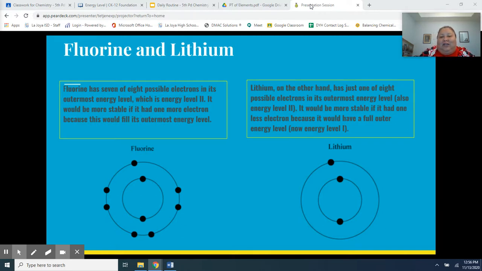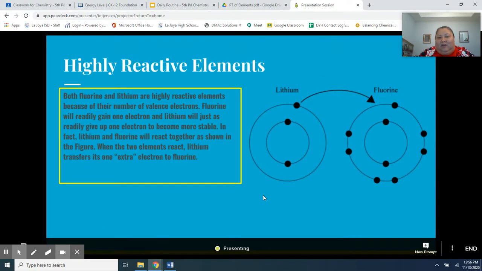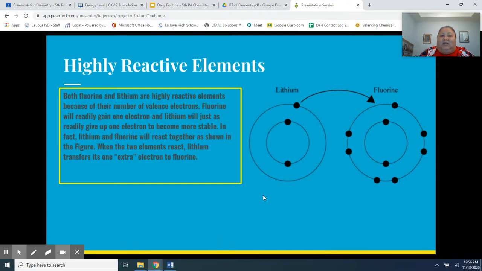And more than likely, if you got these two elements kind of close to each other, you're going to see what's going to happen. Group 1 and group 17 are considered highly reactive elements. Both fluorine and lithium are highly reactive because of their number of valence electrons. Fluorine easily gains one electron. Lithium will easily give up one electron to become more stable.